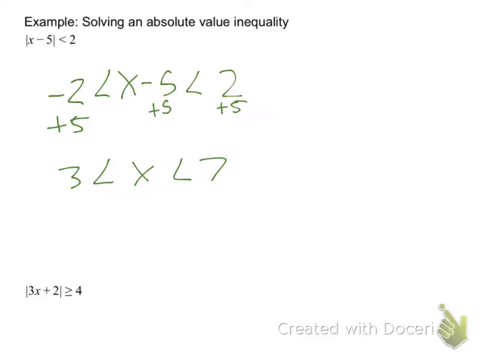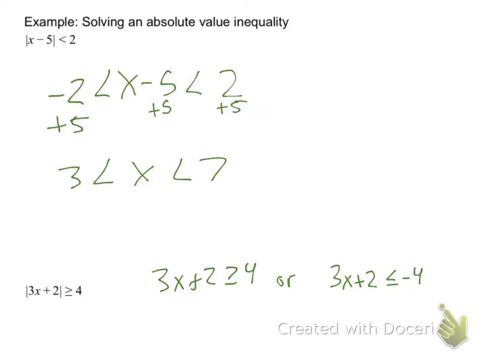Recognize the absolute value is already isolated. And so 3x plus 2 is greater than or equal to 4. Now this is a greater than one, so it's or. I like to just keep it the exact same, but then say it's also less than or equal to the opposite of 4.